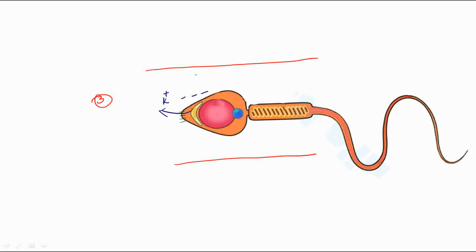And this peak in negativity results in the opening of calcium ion channels in the sperm membrane and results in the entry of calcium ions into the sperm. And these calcium ions, along with the bicarbonate ions, result in the activation and formation of cAMP.